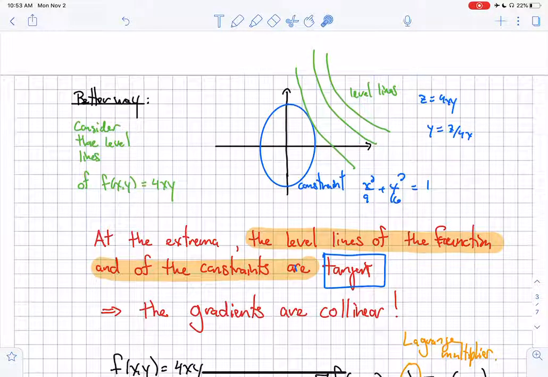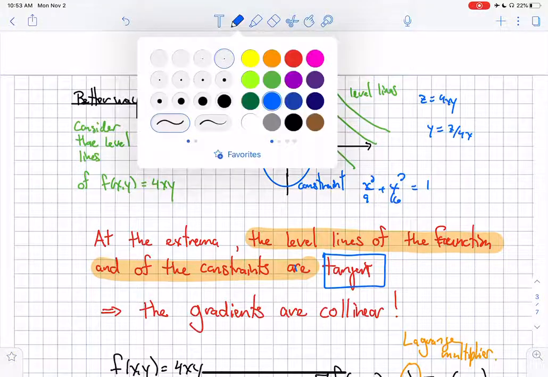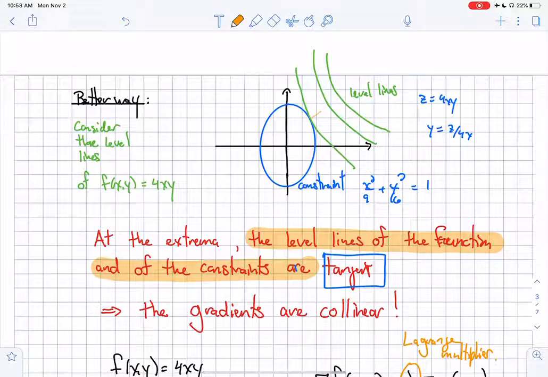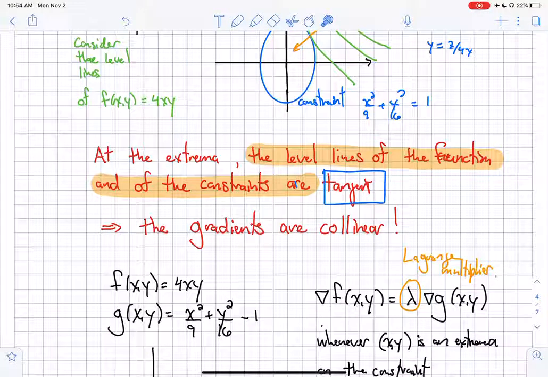Right at the extrema of that saddle function on the constraint, the level lines of the saddle and the level lines of the constraint are tangent, parallel, collinear. Which means that if I think in terms of gradient, the gradient is always perpendicular to the tangent. So if the constraint and the level lines of the function are tangent, that means their gradients are collinear. And that's the whole idea.